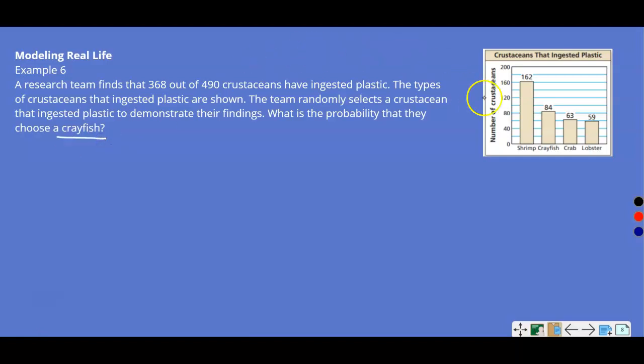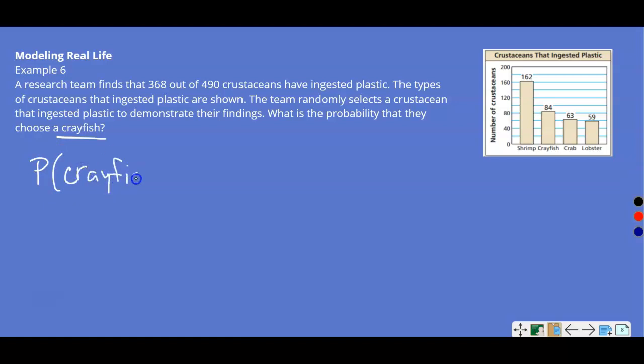All right, so we can look at the table here. Crustaceans that ingested plastic. We have the number of crustaceans here. We have shrimp, crayfish, crab, and lobster. So crayfish is 84. So we can say the probability that crustaceans that ingested plastic would be a crayfish.